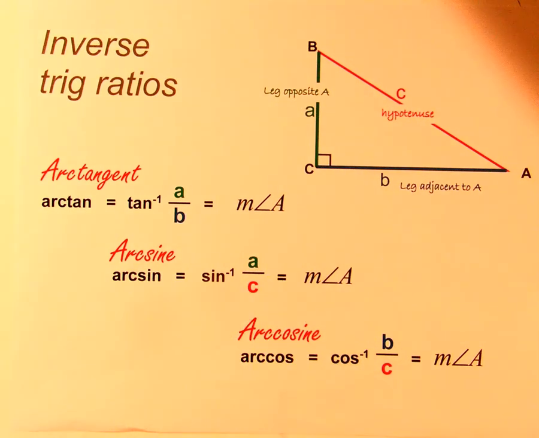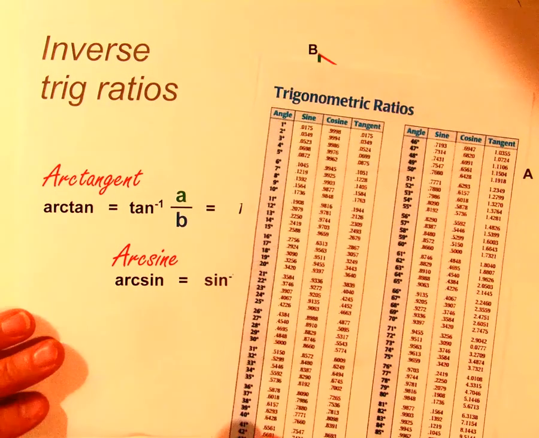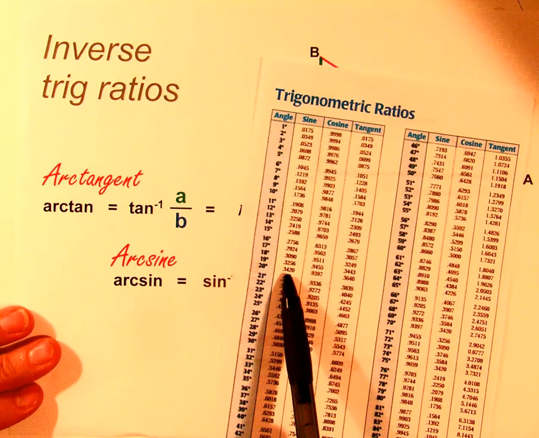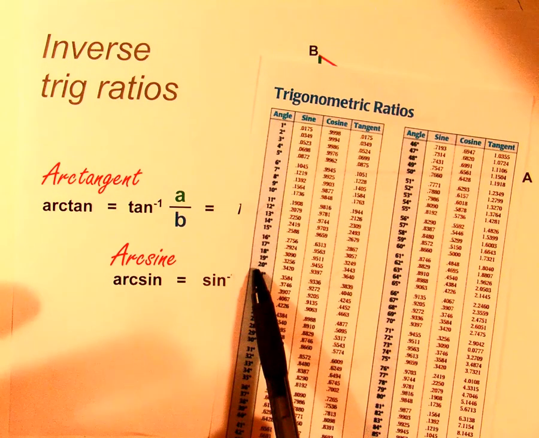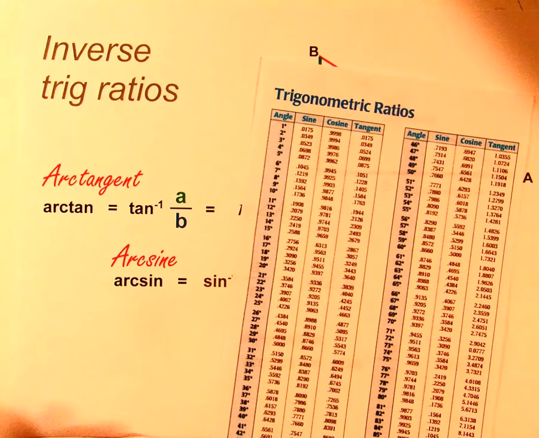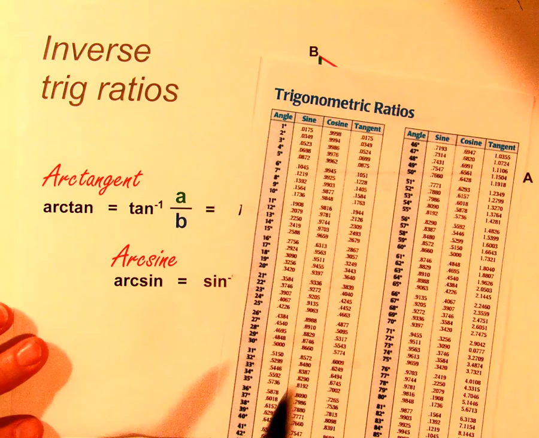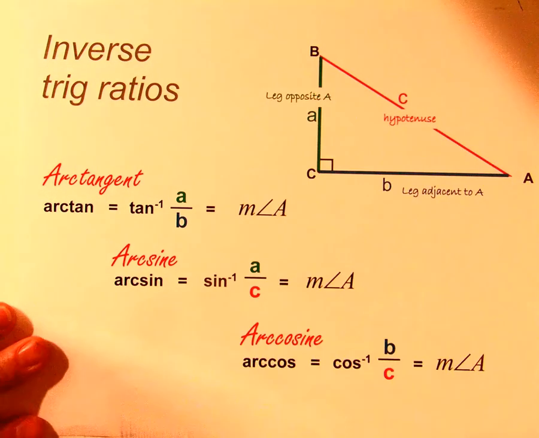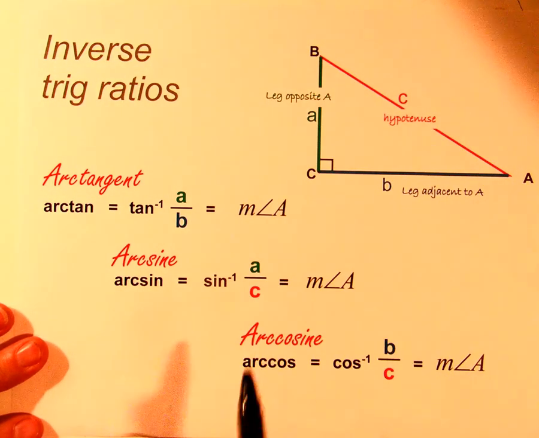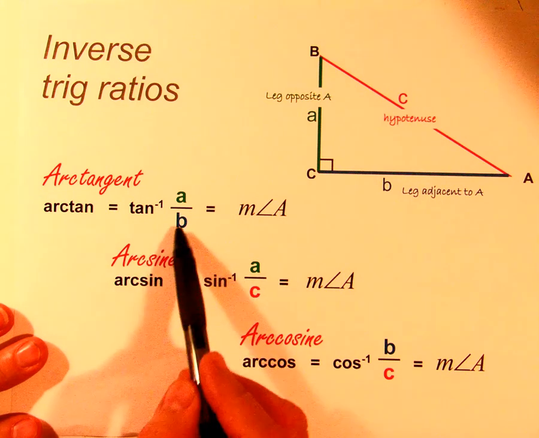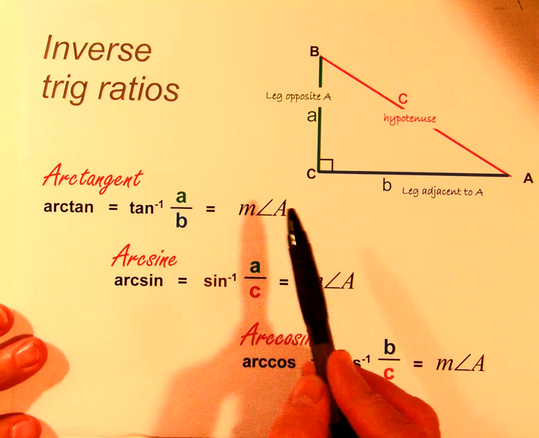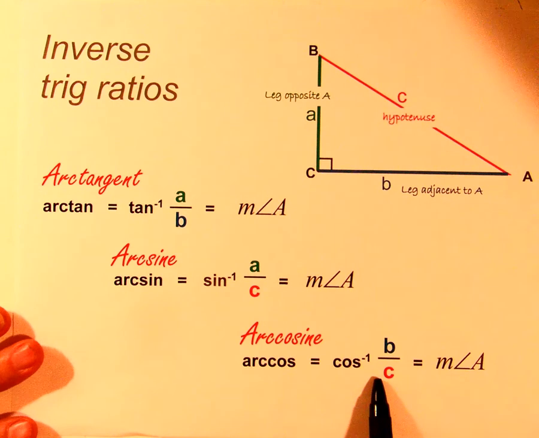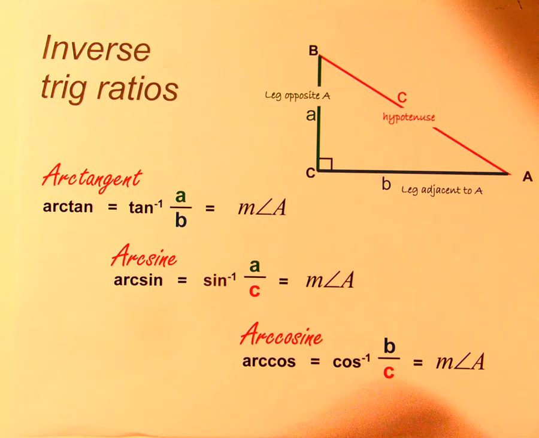Just like when I said, if you have the ratio, you just look it up and see what the angle is. So for these simple ones, truthfully, it's just easier to look at the table, but you do it whichever way you want. So for the inverse trig ratios, I have the decimal or the ratio, and I need the angle, and you just work it backwards. Okay? So make sure you make a note of this.